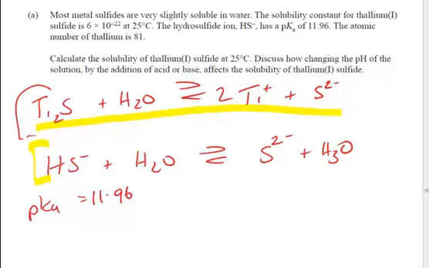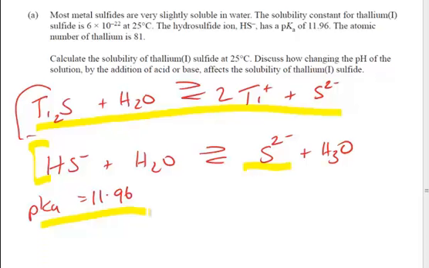Obviously we're interested in what happens to the equilibrium involving thallium sulfide and water as we change the pH, but if we look at hydrogen sulfide and water, it makes a conjugate base on that side. We have a fairly weak acid, so we'll have a conjugate base which isn't that strong, it's relatively weak.